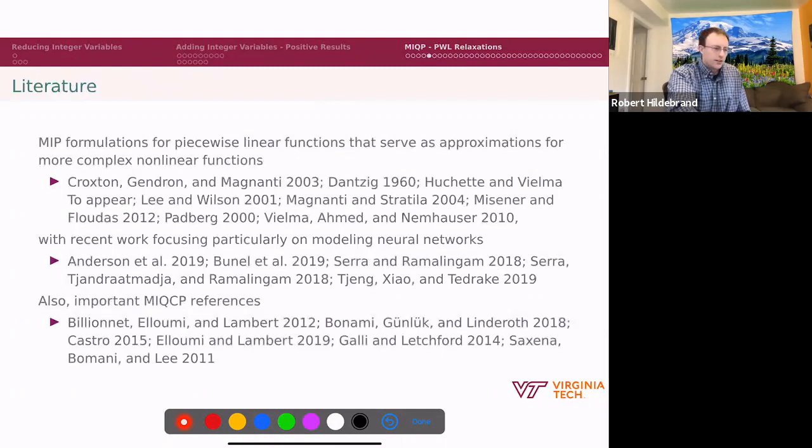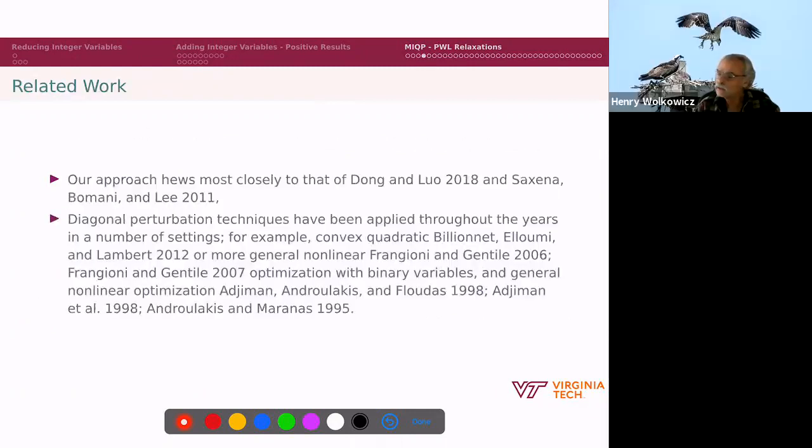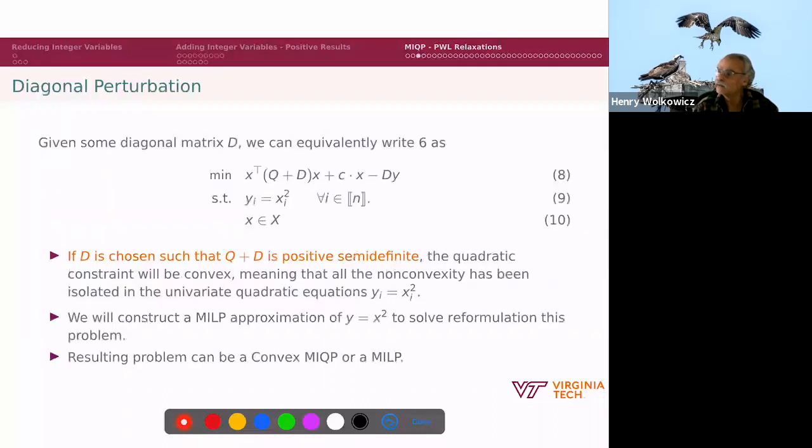We know there's a handful of other papers that looked at the diagonal perturbation. There are tons of papers, and actually papers proving the equivalence of different ones. So you have a diagonal perturbation, but you can also think about a spectral perturbation.